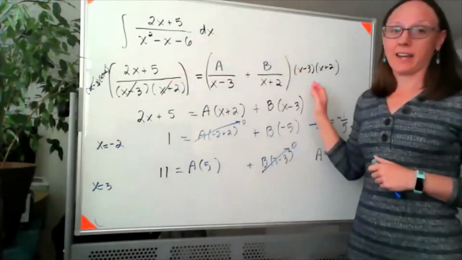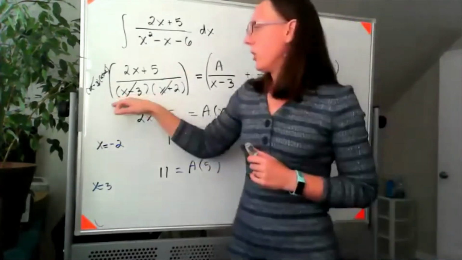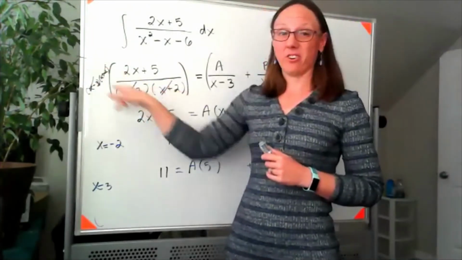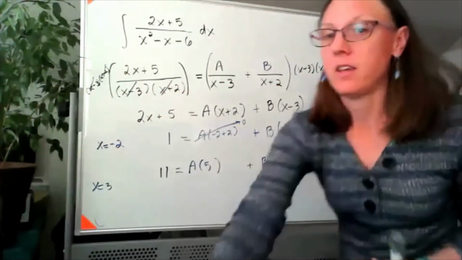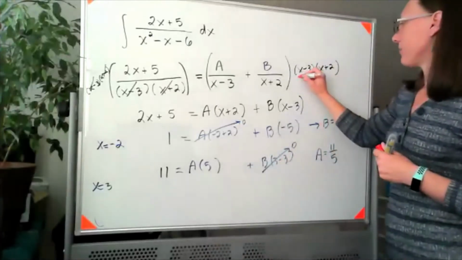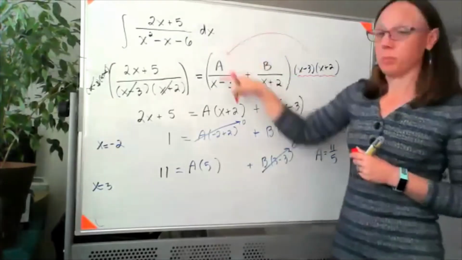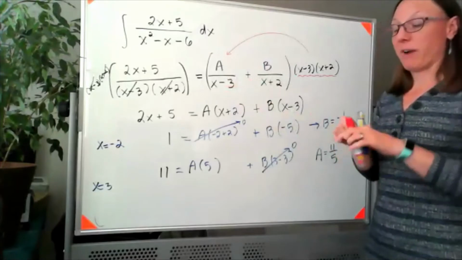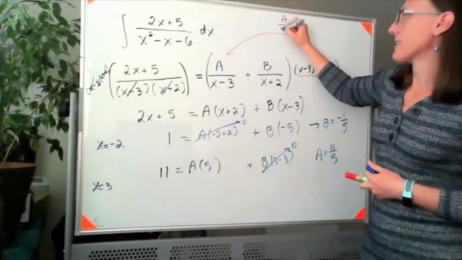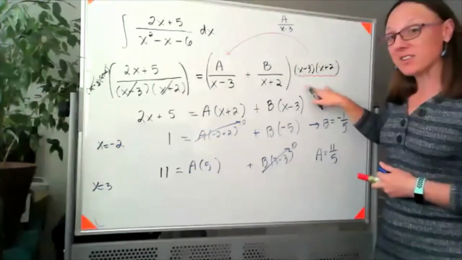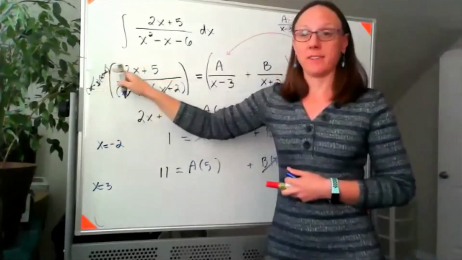When I multiply both sides by that common denominator to eliminate the fractions, over here the entire denominator cancels out. Here, if I think about taking the x minus 3 times x plus 2 and distributing that into the first piece, then if I was writing out that entire first piece, I would have a divided by x minus 3, but then these two are both getting multiplied in the numerator because that's where we multiplied them on this side.